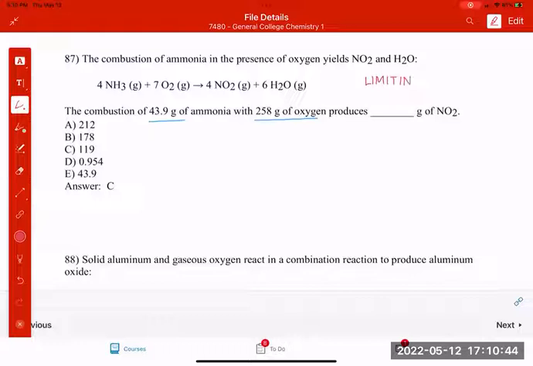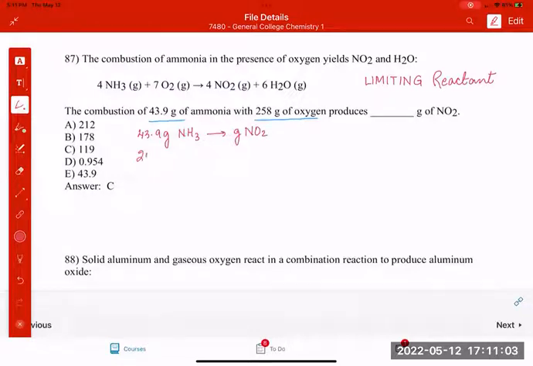So limiting reactant, because you are given 43.9 grams of ammonia, and you're going to find the grams of nitrogen dioxide.